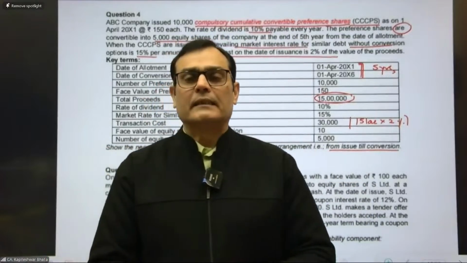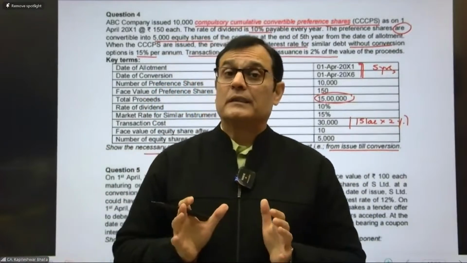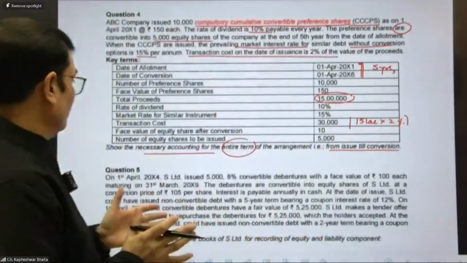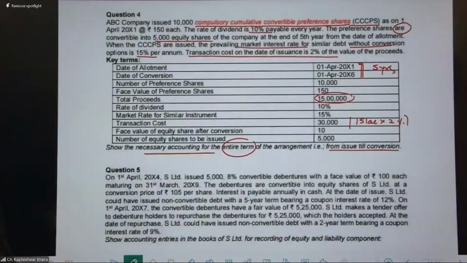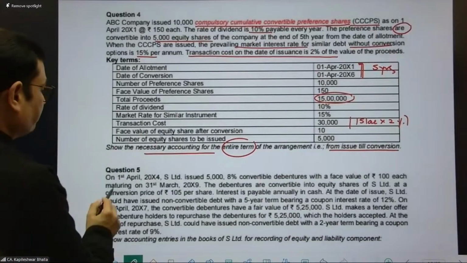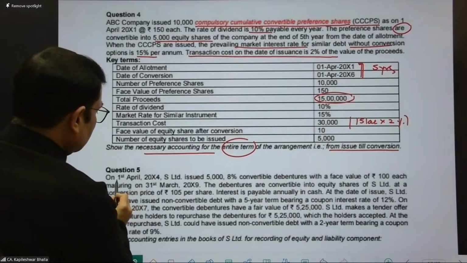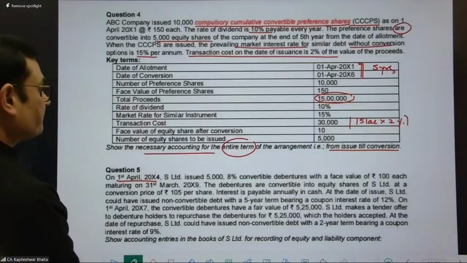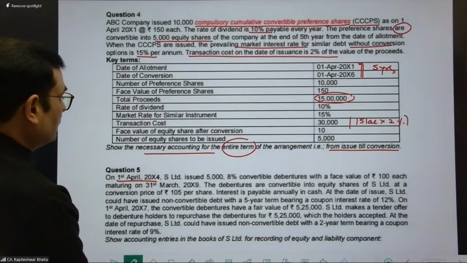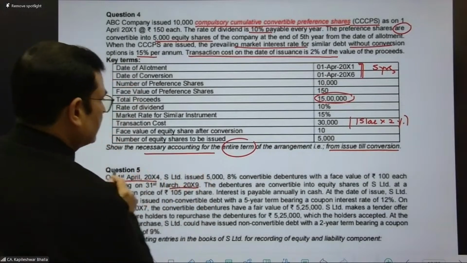How does the accounting take place? I will illustrate with an example directly. Let's have a look now at question number 5, where I'll explain this particular concept. It says on 1st April X4, the company issued 5,000 8% convertible debentures with a face value of 100 each, maturing on March X9.